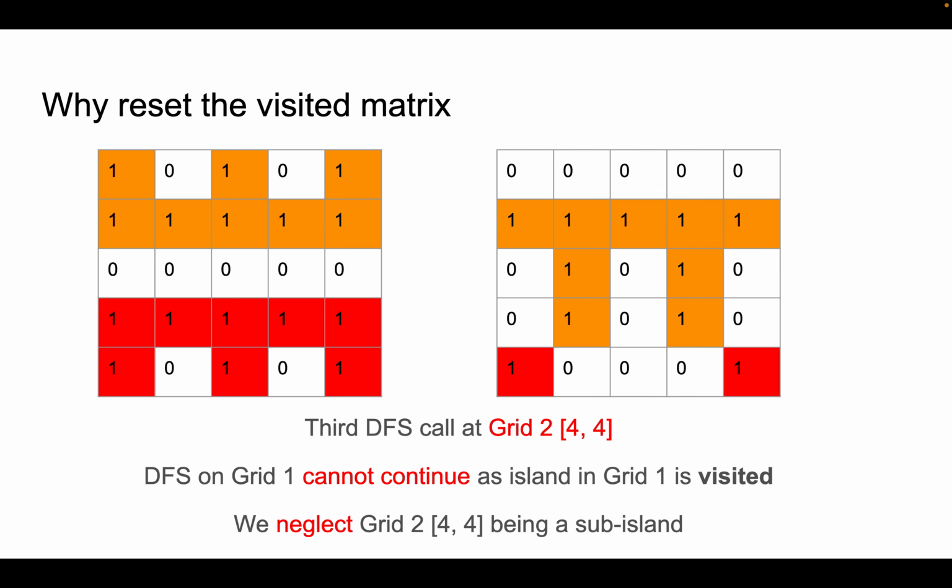Because of this, we will be neglecting grid 2 at position 44 as a sub-island. Thus, we return a much smaller number of sub-islands than the true number. This is why we need to reset the visited matrix every time we perform DFS newly.